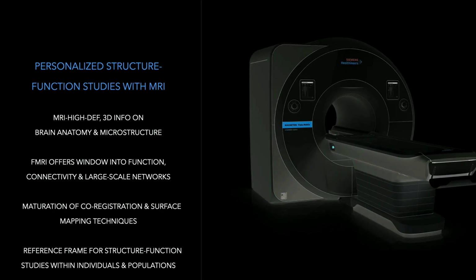We can then look at multiple scales of brain organization by trying to understand microstructure, cortical folding, which we heard about already today, and large-scale connectivity and function. There has been a lot of groundwork that makes this possible, relating to image processing techniques, multimodal co-registration techniques, and the way that we can fuse data in a common reference frame to finally address structure-function questions in the same individuals in vivo.